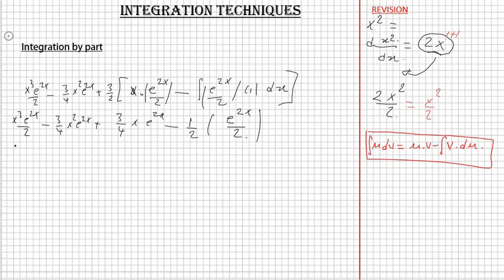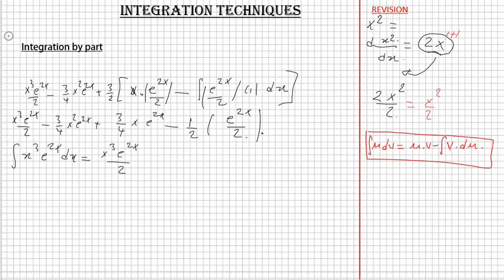So the final expression is, if I integrate the initial function, the initial function was x to the power of 3 e to the power of 2x dx. If I integrate my function, I end up with x to the power of 3 e to the power of 2x over 2.